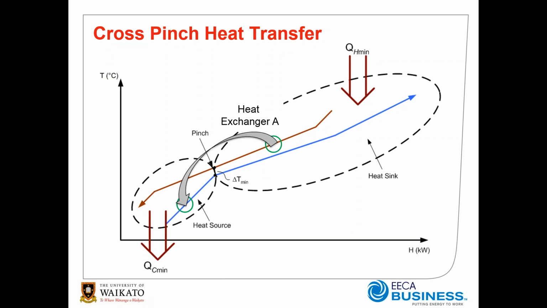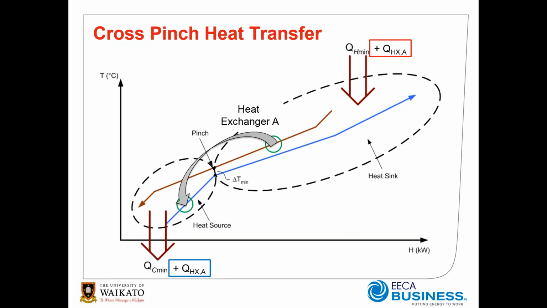And so the effect of doing this is we are increasing the duty of our hot utility use, essentially, and we'll increase the duty of our cold utility use. We're using more utility than is required or is predicted by our target.